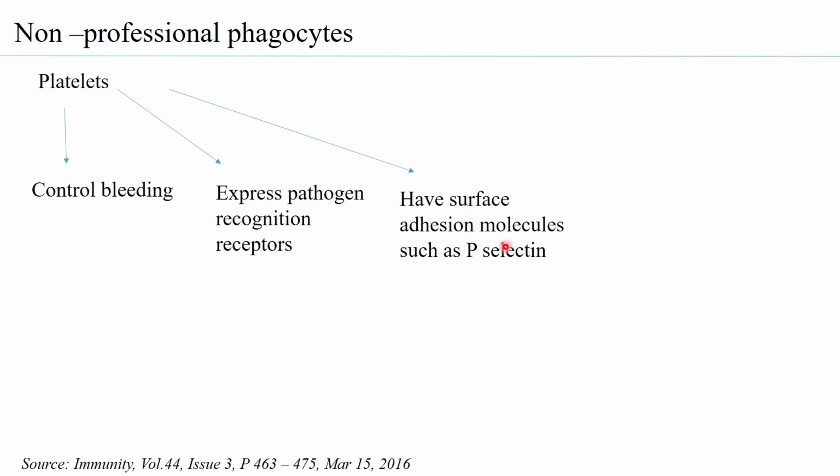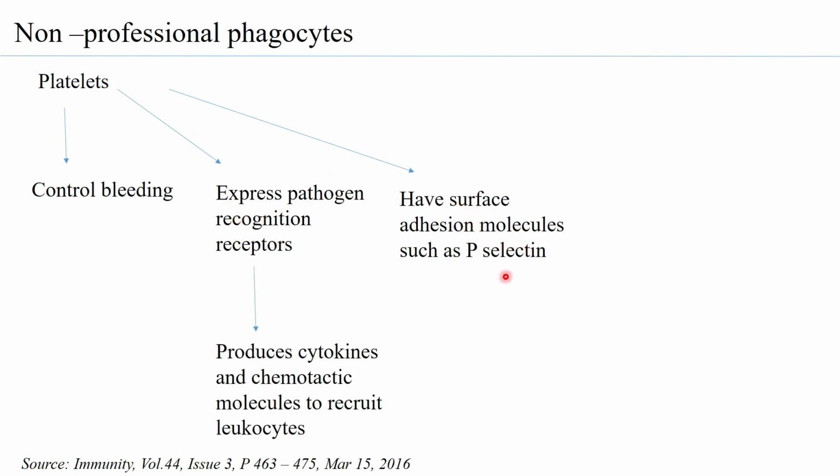They also have surface adhesion molecules such as P-selectin. So, because of the interaction of the pathogen recognition receptors with the pathogen, these platelets are able to produce cytokines and chemotactic molecules, which in turn will recruit leukocytes.